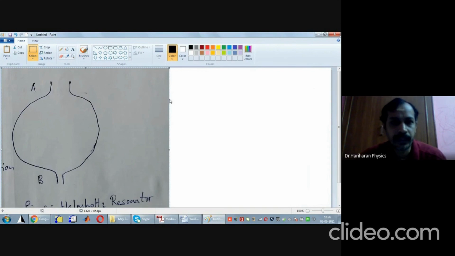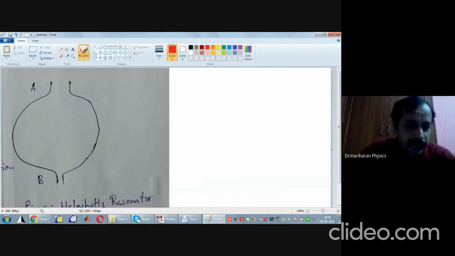So this is the Helmholtz resonator. I will put it in simple words. Look here. So earlier what happened? We had a glass, the glass in which both ends were closed. I mean, this end was closed, but only this end was open.